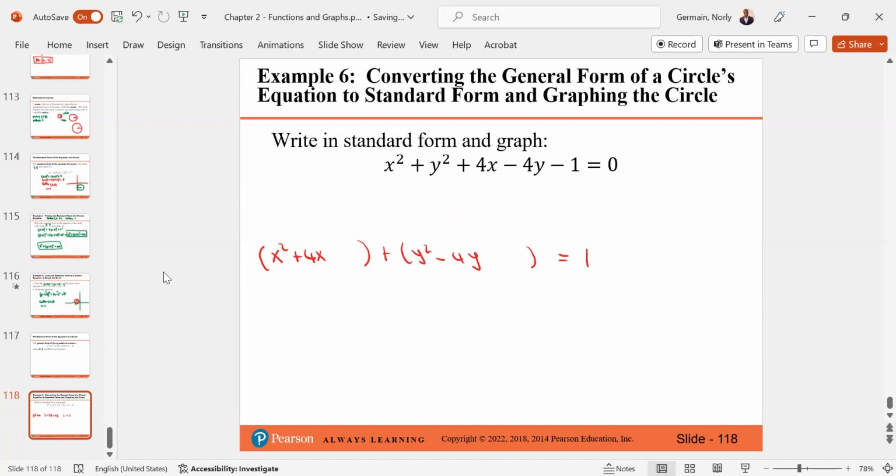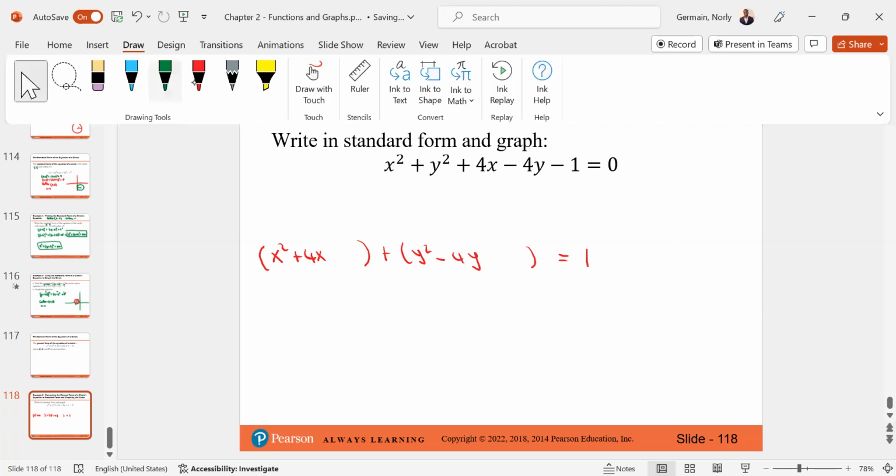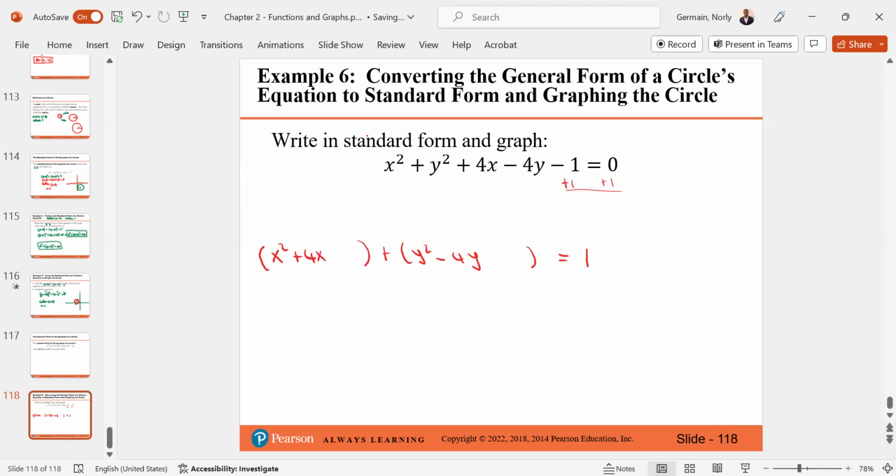Okay, for you, what I'm gonna do, I'm not sure I have enough space for that. What I said, I add one to both sides. That's what I did. That's why I have x squared plus 4x plus y squared minus 4y equal 1.